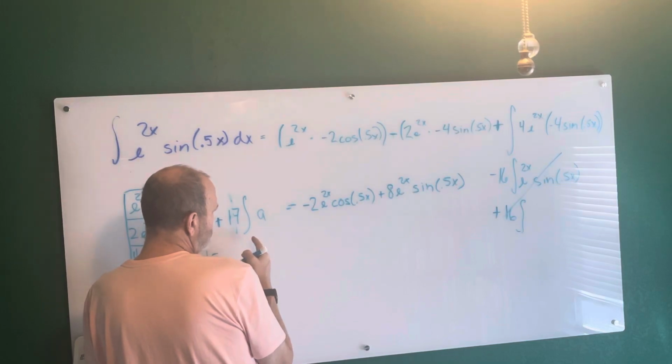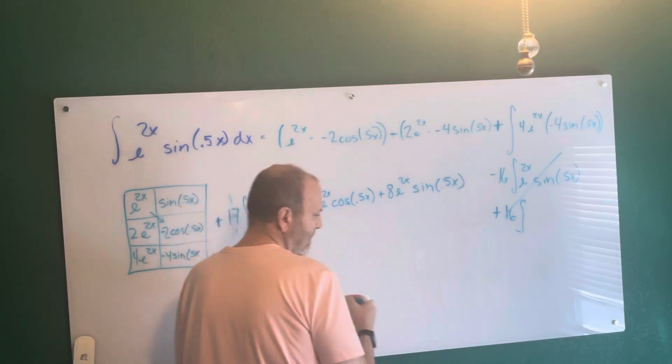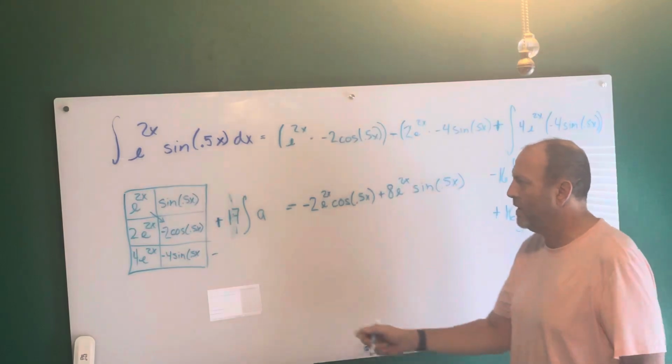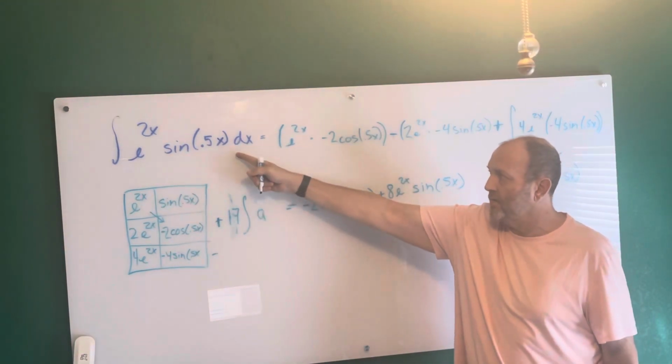So now what I need to do is divide by 17 so that I can find out what the single value is of this.